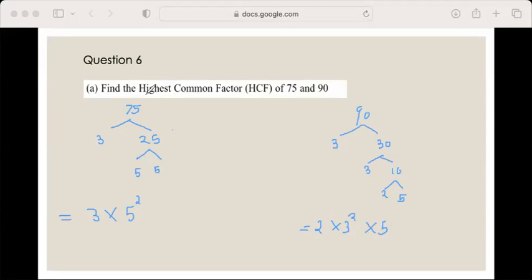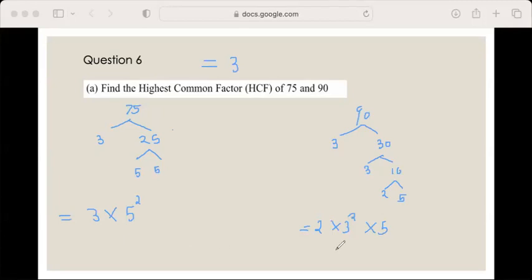Right, now we need to find the highest common factor. Highest common factor means we take the lowest of the factors. Lowest of 2: here there is 2 to the power of 1, here 2 to the power of 0, and 2 to the power of 0 means it's just 1, so we are not going to take 2. Lowest of 3, 3 here and 3 squared here, is 3.